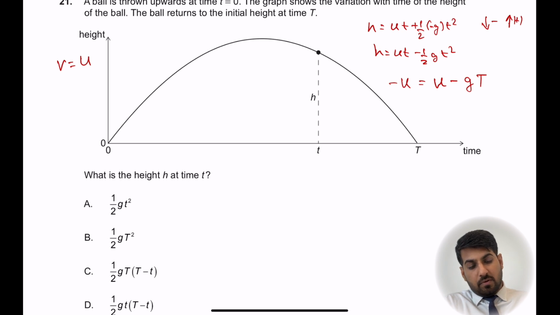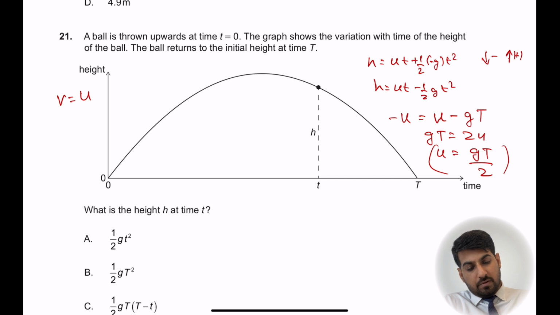So can I say from here that gT is equal to 2u, so 2u by g is equal to T. So u can be written as gT by 2 from here.